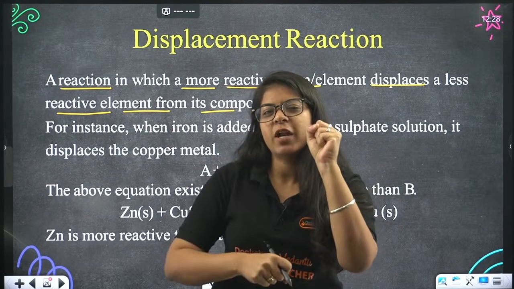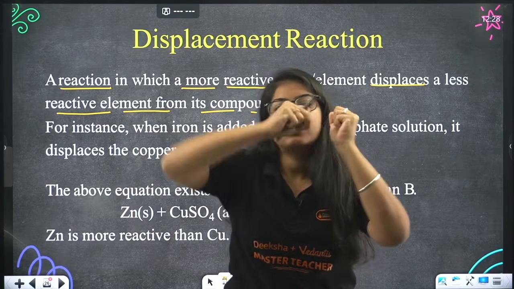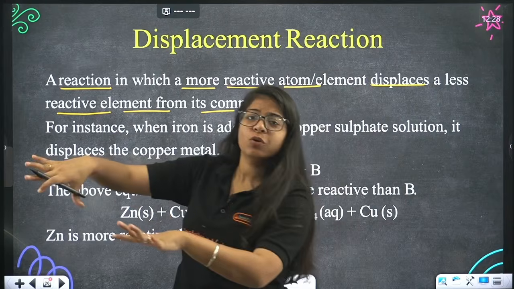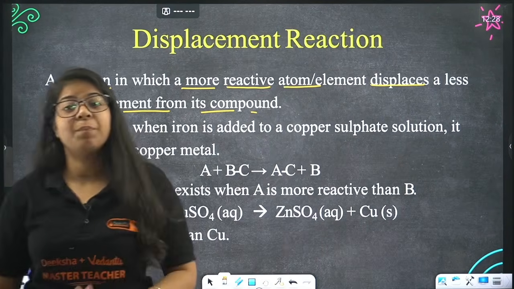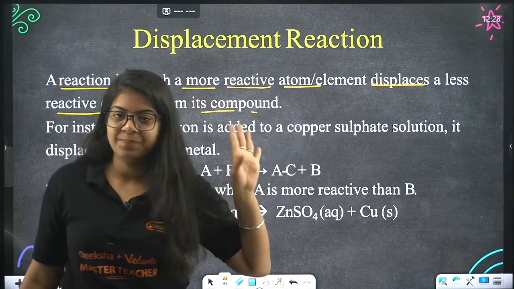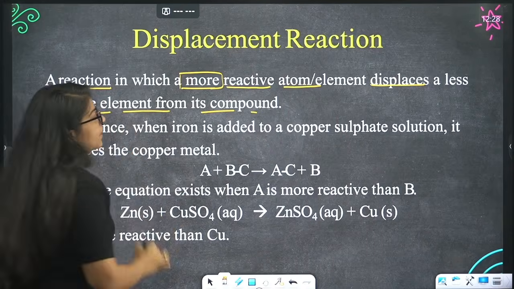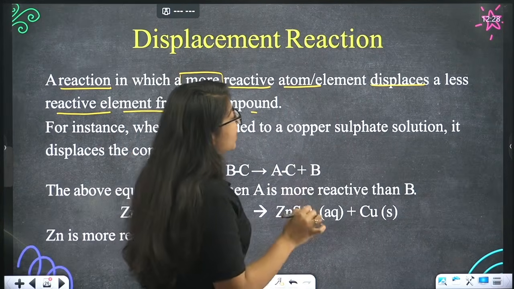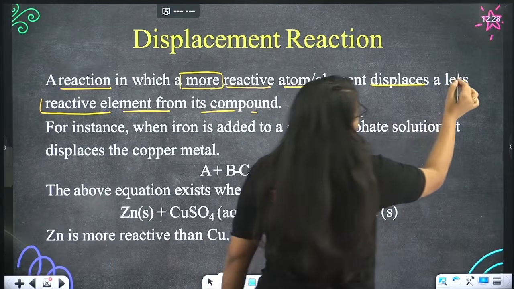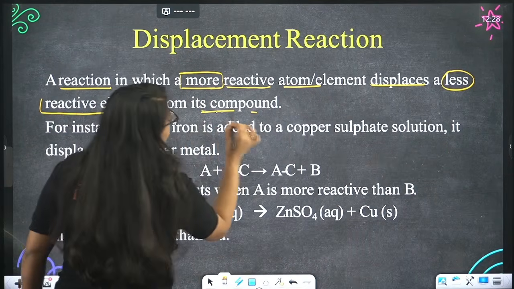So this third person was more reactive, so it sat with your best friend, displaced you, and threw you out of that compound or the picture. That is what a displacement reaction is. This is very important: a more reactive atom or element displaces a less reactive atom or element from its compound.